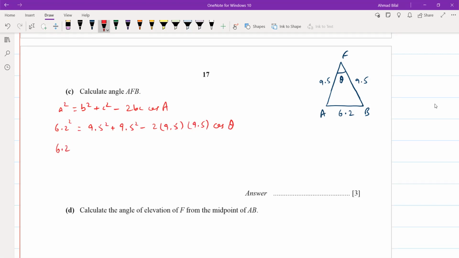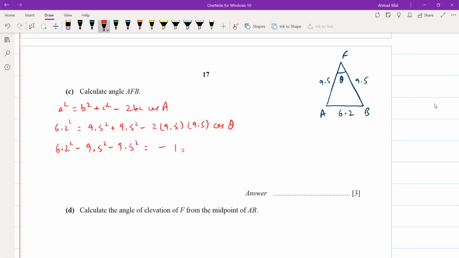Now just evaluate this. You get 6.2 square minus 9.5 square minus 9.5 square. That's equal to minus 2 into 9.5 into 9.5. इसको यहाँ पे evaluate कर लें. Just make sure you use high accuracy.